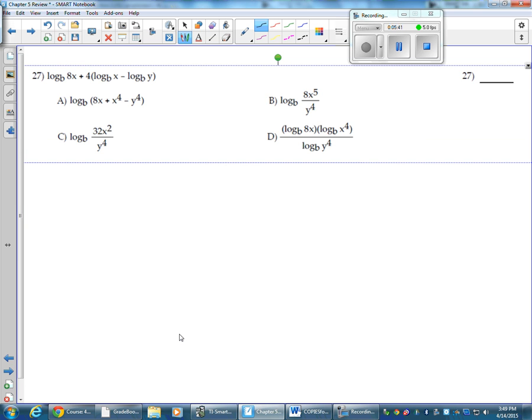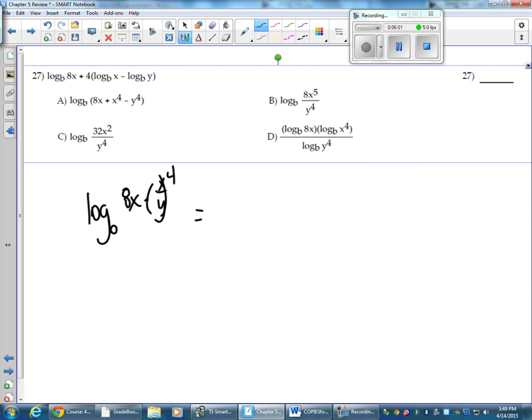Number 27. Again, we're combining, so it's going to be the log base b of 8x times x over y to the 4th. There's a lot going on there.